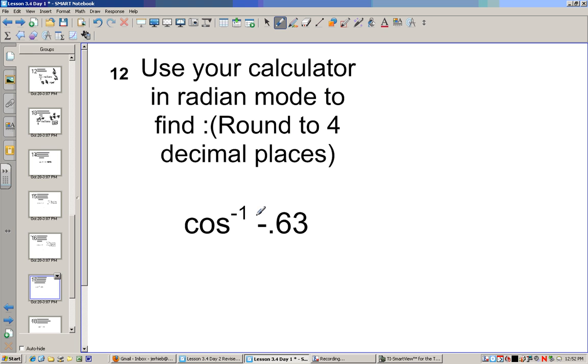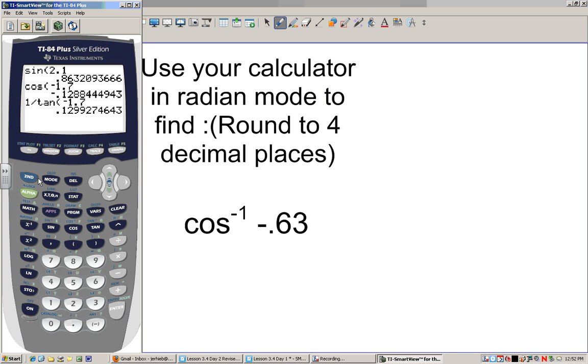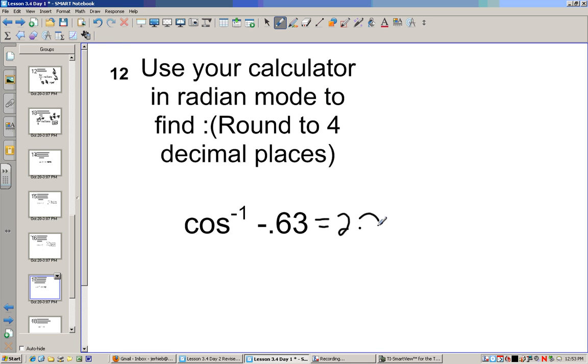Now if we want to do the inverse cosine of negative 0.63. Now, if you think about it, the inverse cosine of a negative, we know that has to be between 90 and 180 degrees. In radians, that becomes 2.25.